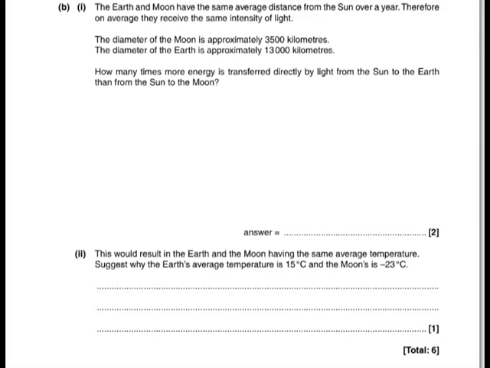So what we need to appreciate here is that we're interested in the area. If we model the Earth and the Moon as circles, the area of those circles. So we've been given the diameter of each, so you need to use the equation for the area of a circle.